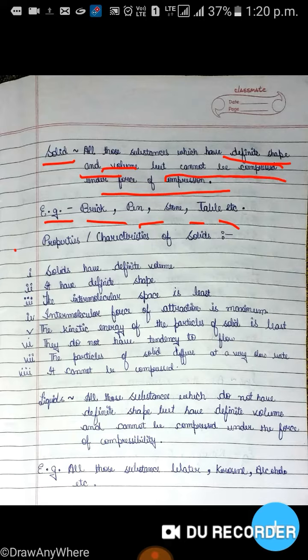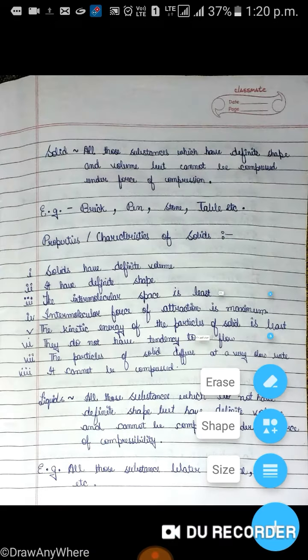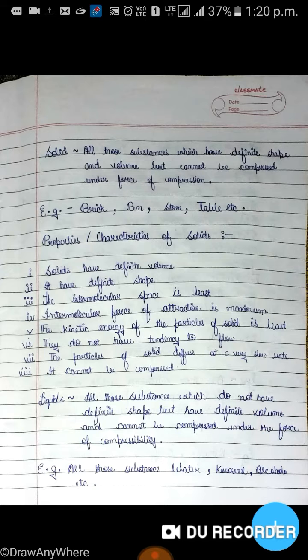What is compressed under force of compression? It means that the particles of the matter are brought close to each other through a force, known as compression. Examples: brick, pen, stone, table, etc.